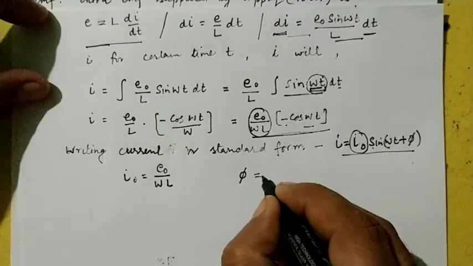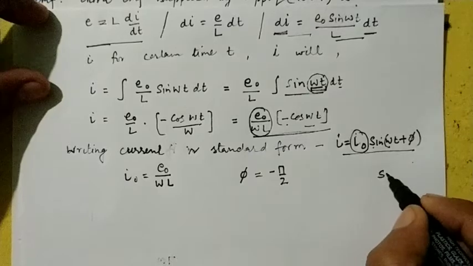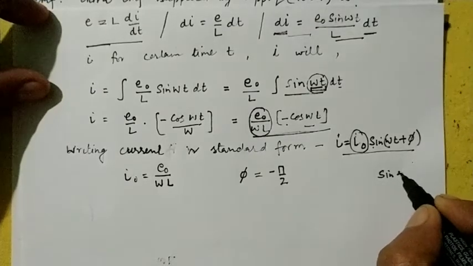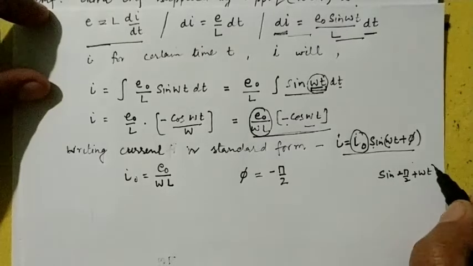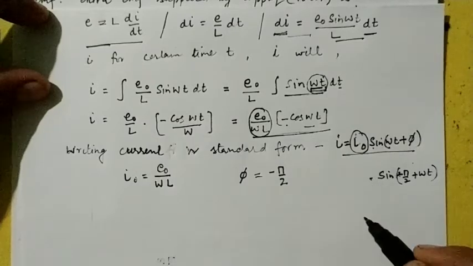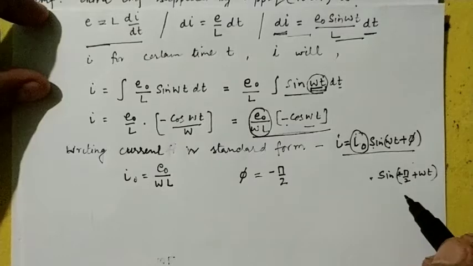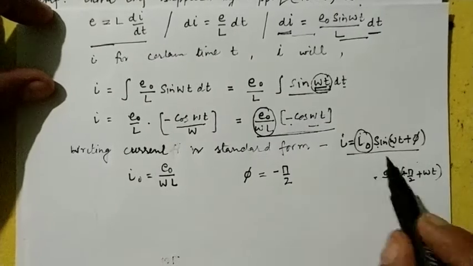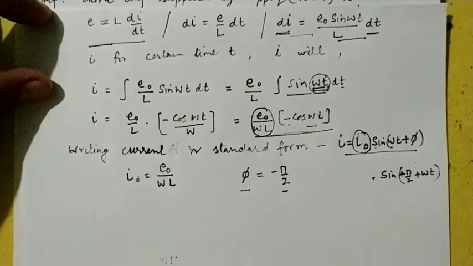That is minus pi by 2, so minus pi by 2 plus omega t. If you take minus common, it is pi by 2 minus theta, that is cos theta. So the phi value is minus pi by 2.